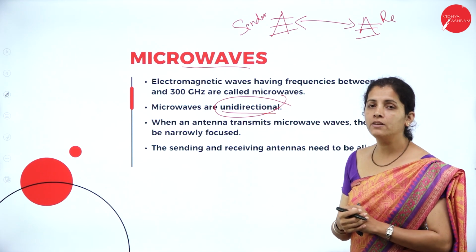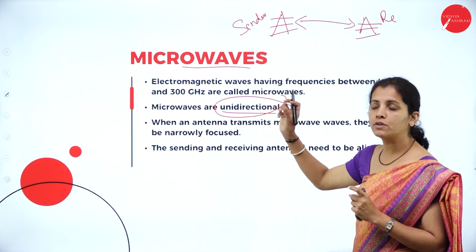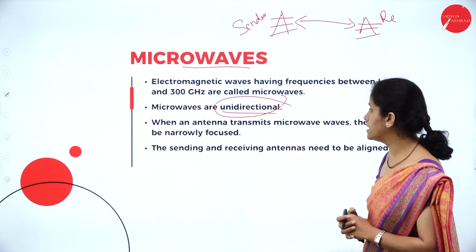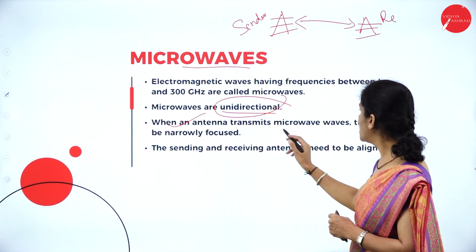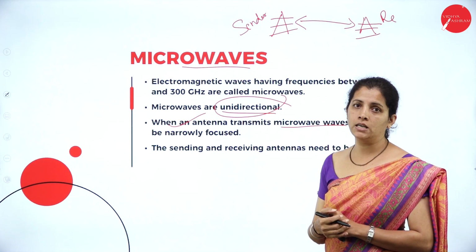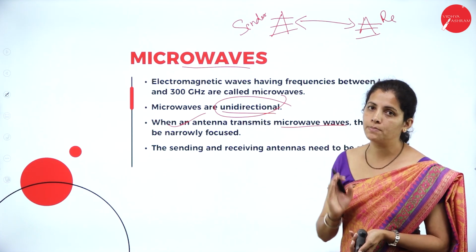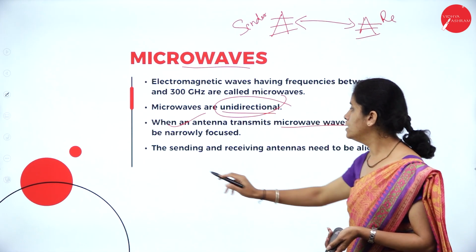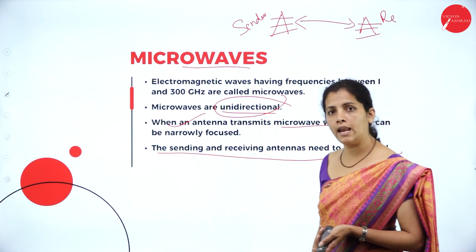When an antenna transmits microwaves, they can be narrowly focused. Narrowly focused in the sense what? Both antennas must be aligned.